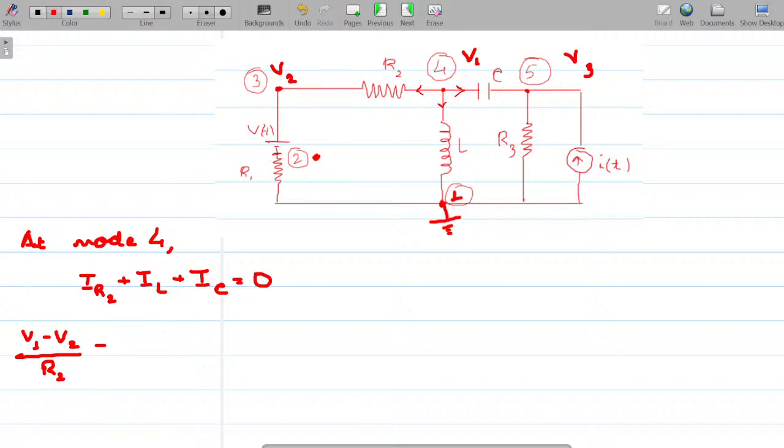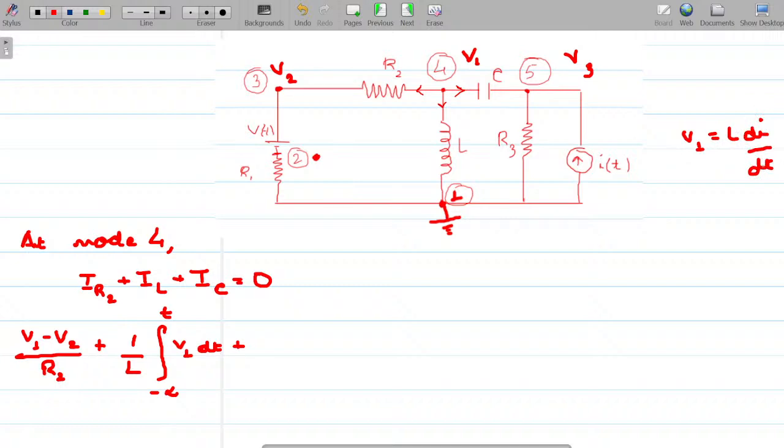Okay, now tell me about the inductor. What is the current through an inductor? Can I write current through an inductor like this? Is it not V equals L di by dt, right?